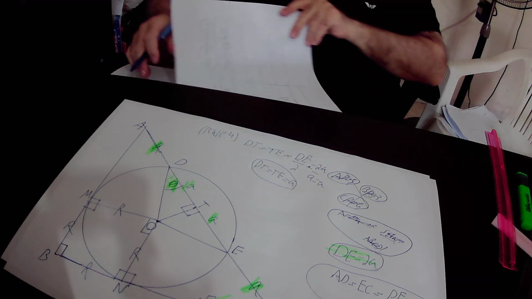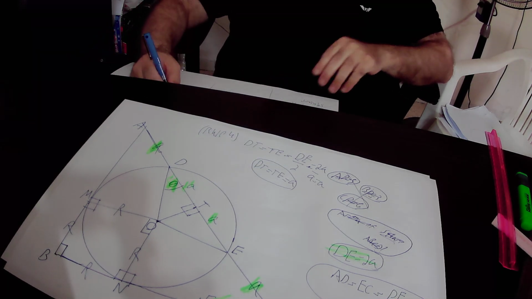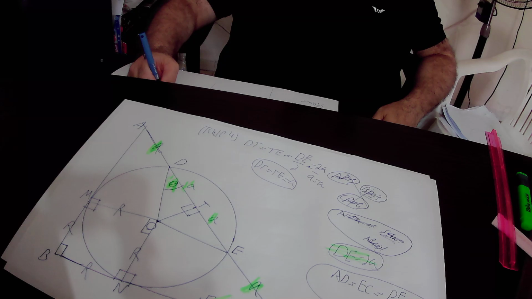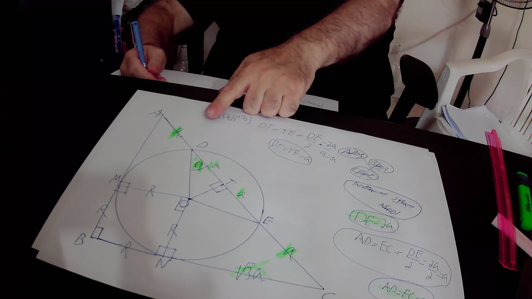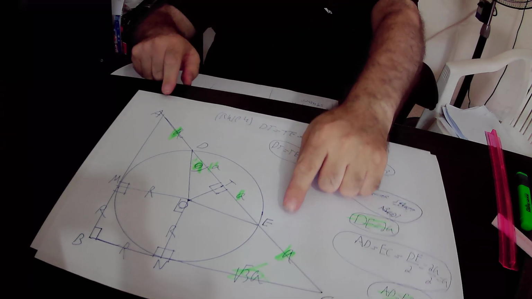So AM square equals AD times AE. AD equals A, so substitute AD by A. What is the value of AE?